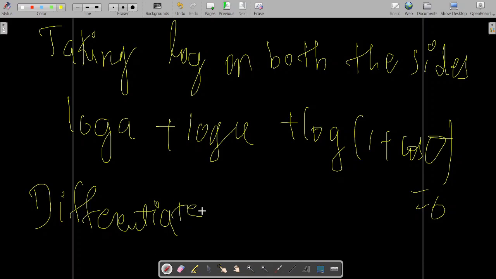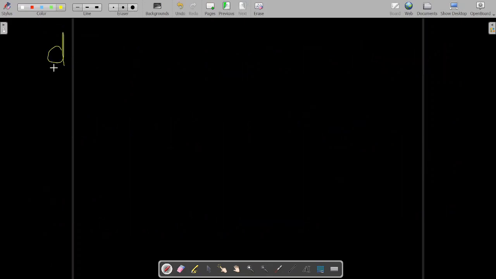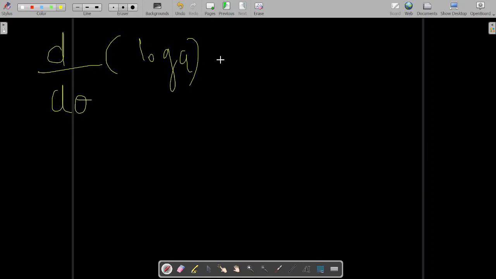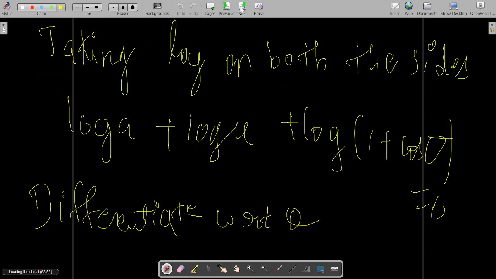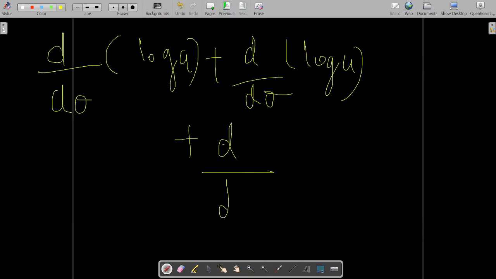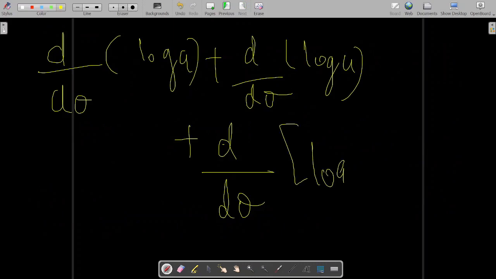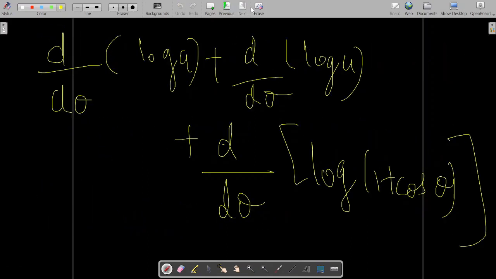Differentiate with respect to theta, then what do you get? d by d theta of log a, plus d by d theta of log u, plus d by d theta of log of 1 plus cos theta. This whole thing is equal to 0.